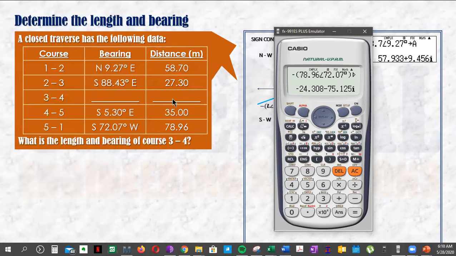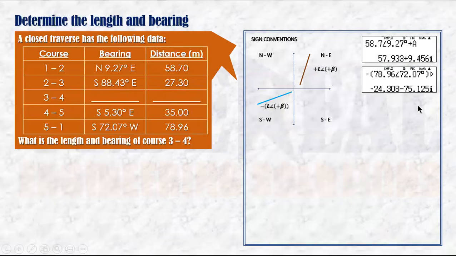This one I reserved for C, this one for D, and this one for E. So I got negative 24.308. Both are negative, so that's correct.